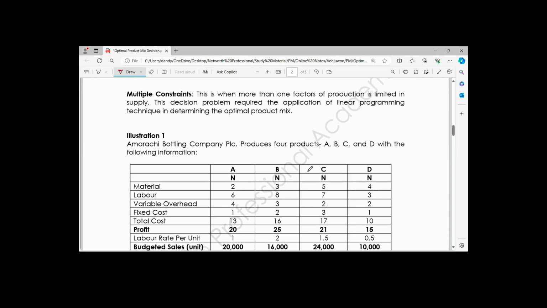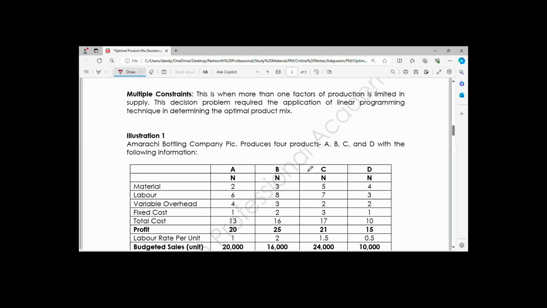Now, when you are given a question, and in that question the examiner specifically tells you that, say for example, labor hour is restricted to 20,000, or there are 20,000 labor hours within the organization, what that means is the examiner has given you a clue on what you should do. The examiner has given you a hint that labor hour represents the key limiting factor.